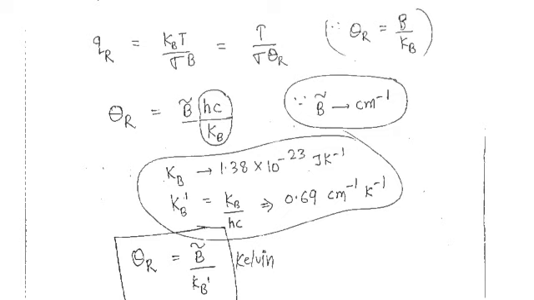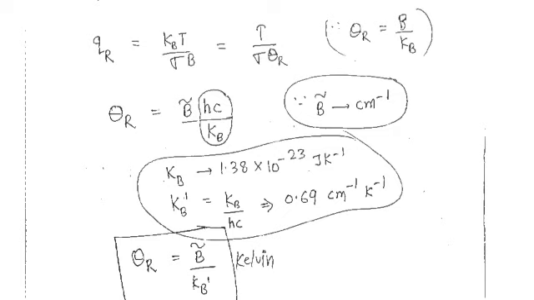All right, so what you need to be very clear about is that here B in centimeter inverse as well as Kb dash is in centimeter inverse, and Kb dash is a constant, nothing but Kb upon hc, which has the value 0.69 centimeter inverse per Kelvin.